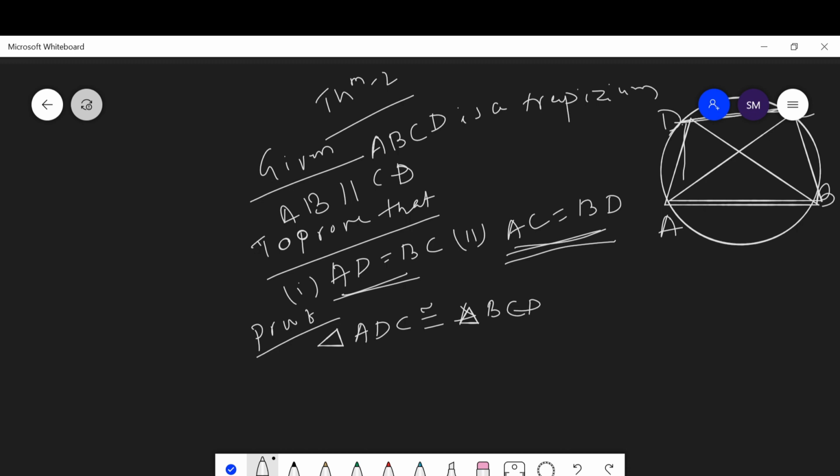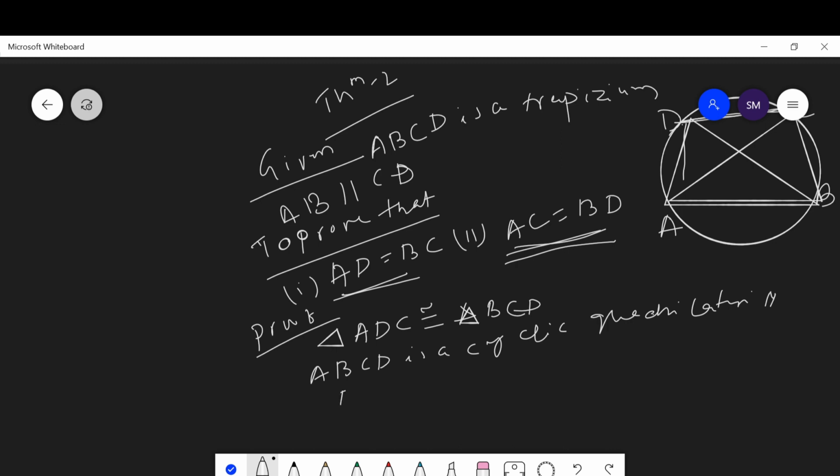Since ABCD is a cyclic quadrilateral, the sum of opposite pair of angles is equal to 180 degrees.